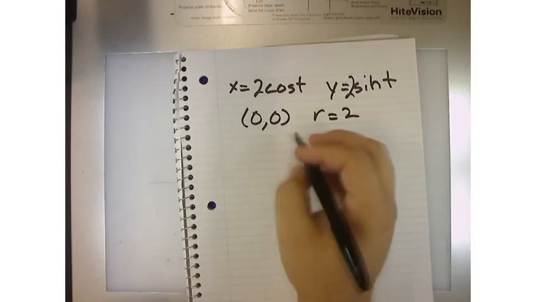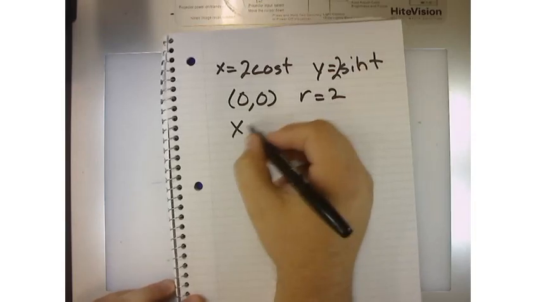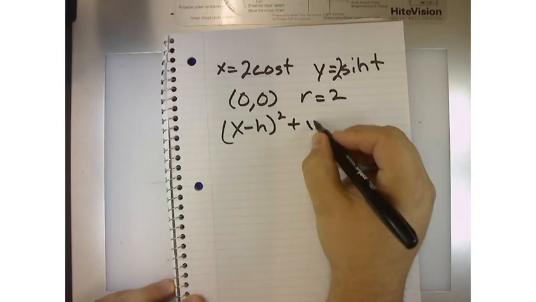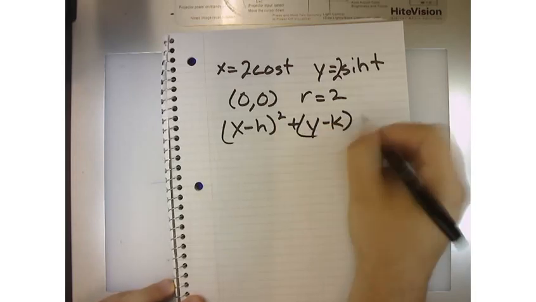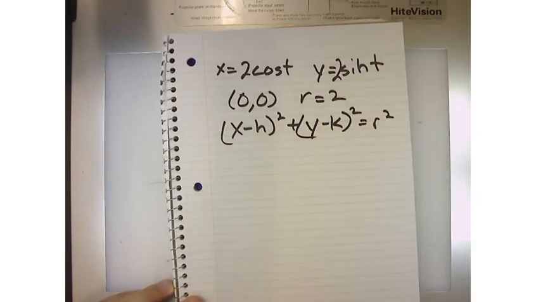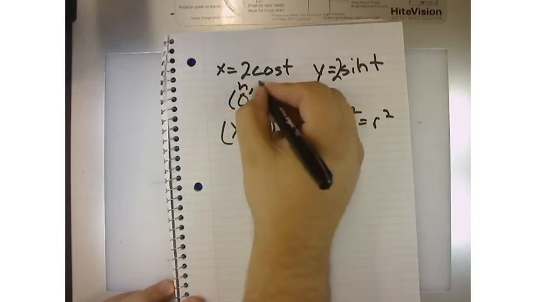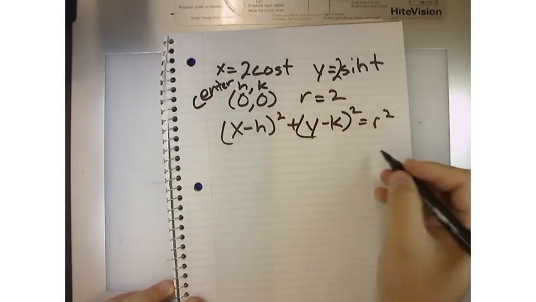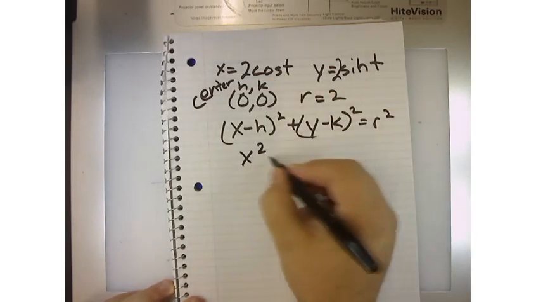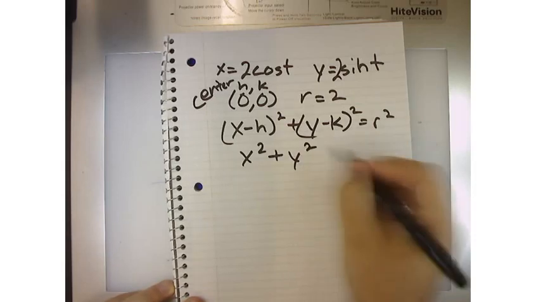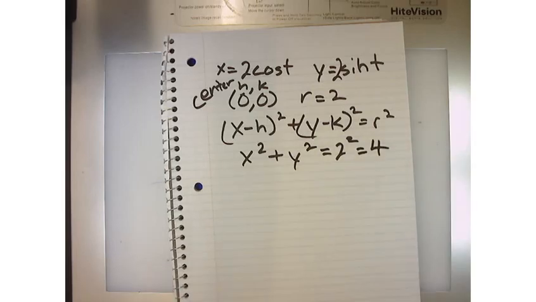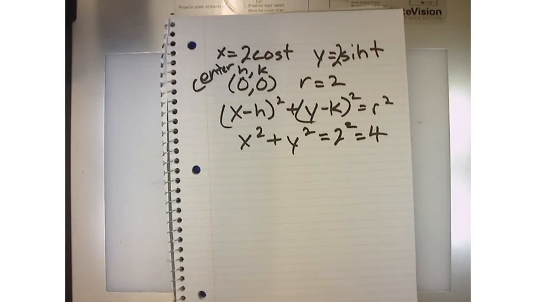So normally we would say x minus h squared plus y minus k squared is equal to r squared. Remember that the center of the circle is my h comma k. So if I plug that in, I should get for my Cartesian equation x squared plus y squared equals 2 squared, or 4. Now that's what it should look like. X squared plus y squared equals 4, but I need to prove that algebraically.